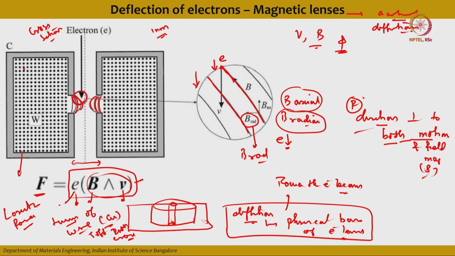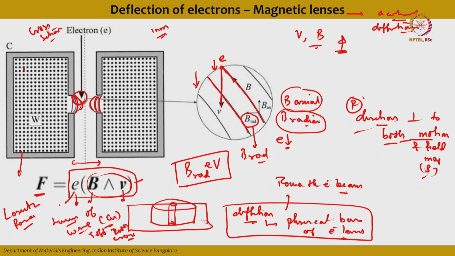Due to that force, the electron will try to deflect in this particular direction. Initially the electron is unaffected by the B axial because it is parallel to the direction of travel, but it experiences a B radial, of magnitude B radial e v, because it is 90 degrees, sin 90.